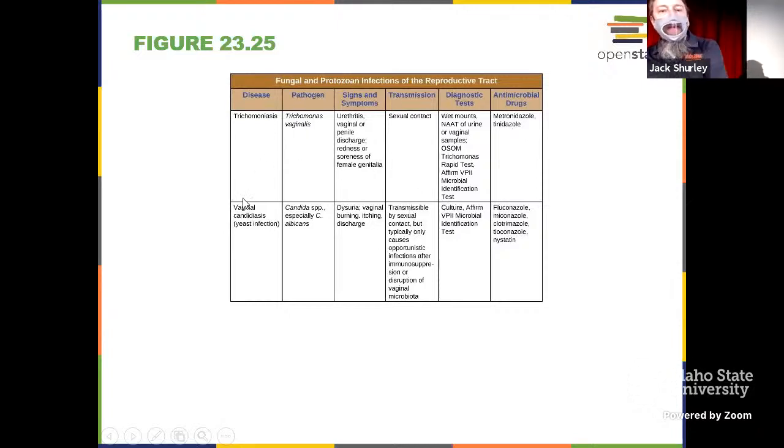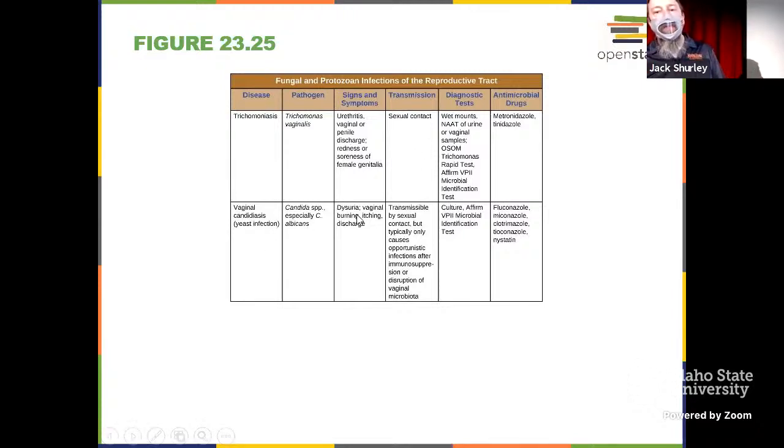The candidiasis yeast infection is what we're hitting here because we are talking genitourinary tract, but similar ideas apply if we're thinking about other areas, all right? So Candida albicans is one of the main culprits, but there are some other species that have the potential to set the stage for this, some that are of concern because treatment might be almost non-existent, and that's an issue with drug resistance.